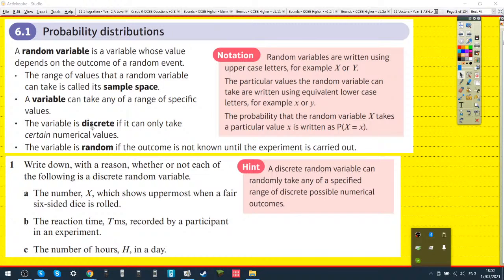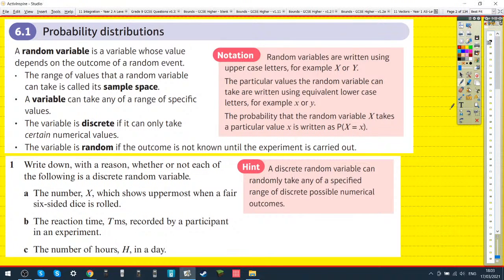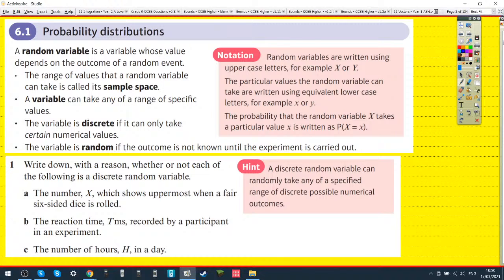Okay, for these three, you have to say whether it is a discrete random variable or not. Is the first one a random variable?